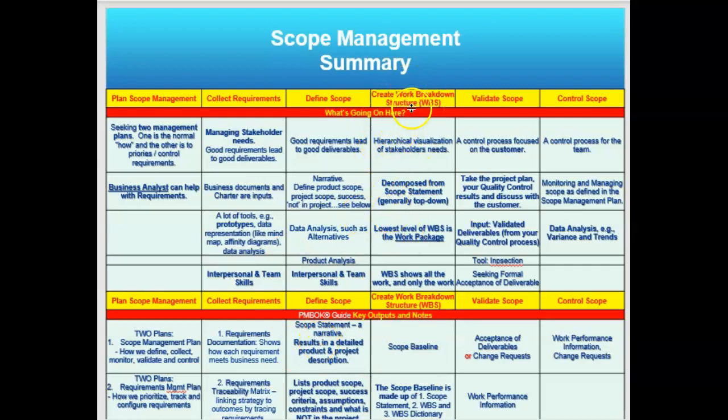I'm going to skip over the work breakdown structure just for time and ask you to note that there are two control processes. Validate scope is about focusing on the customer seeking formal acceptance of the deliverable, where control scope is your typical control process. I'm going to look at the plan versus the actual results. I am going to look for variances, and I'm going to take action like change requests if I'm not on target.